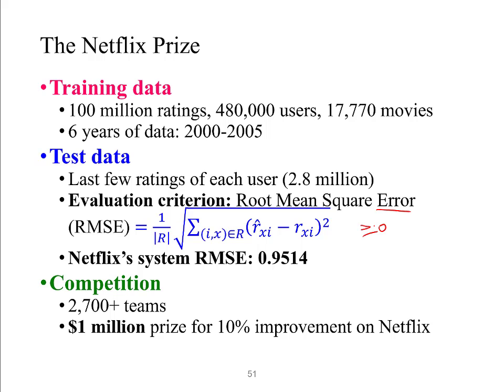Right? So we do expect a smaller RMSE. For the competition, they actually had 2,700 plus teams, because there was a 1 million prize: if you could get a 10% improvement over Netflix, you would get this prize.